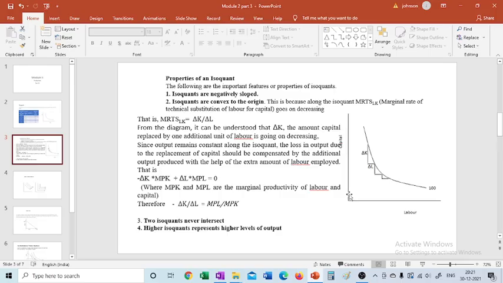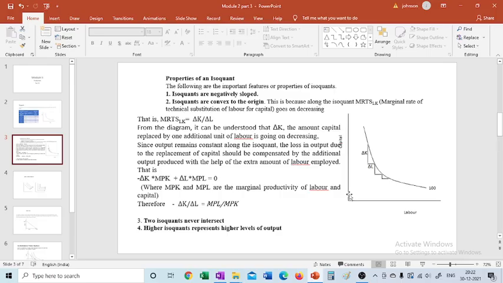That is the rate at which one input is replaced. That rate is the slope. So delta K by delta L, the slope of the isoquant, is equal to MPL by MPK, that is the ratio of marginal product of labor to marginal product of capital. So we have derived the slope of the isoquant here, that is MPL by MPK. So that much about the convexity of isoquants.